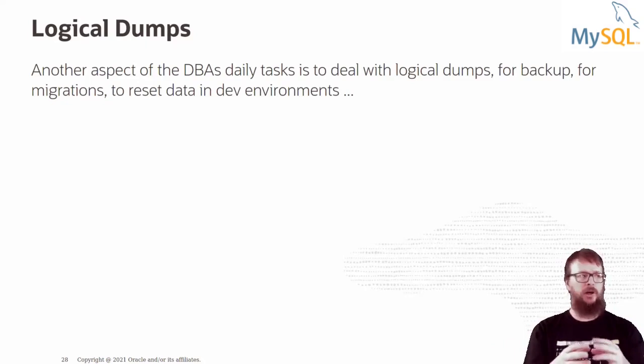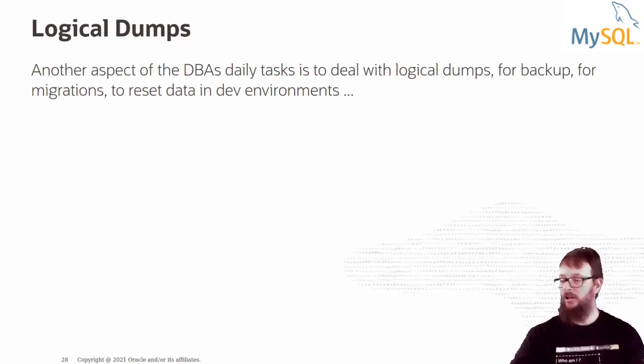But here we are talking about logical dumps, right? If you want to do logical dumps for backups, for migration, to change data in a development environment and so on, you need logical dumps to do that, right?